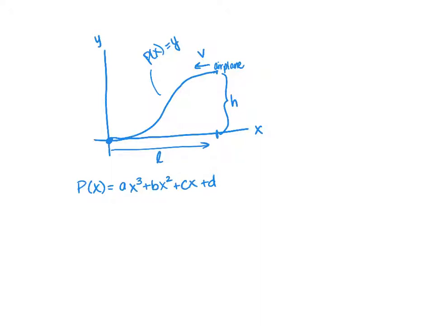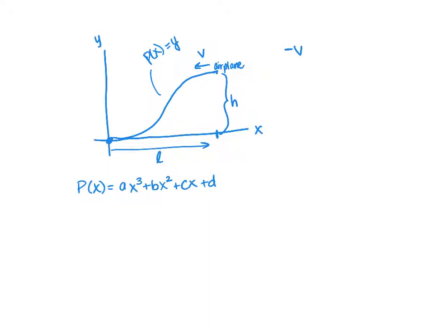And there's a couple things that they tell you. They're saying that the horizontal velocity of the airplane is constant and it's equal to v. And the airplane's going to the left. So we won't use this for quite a while, but the velocity then is actually minus v because it's moving to the left.